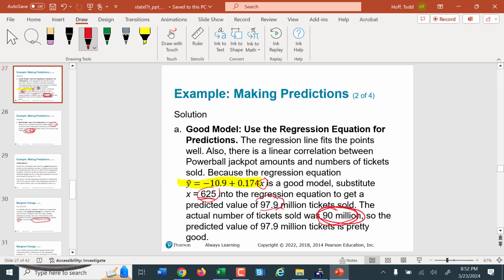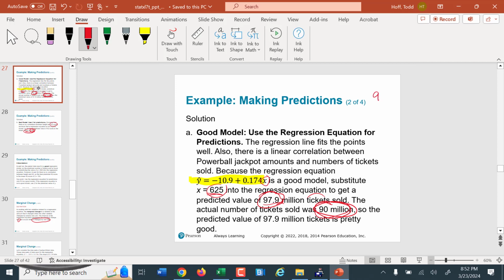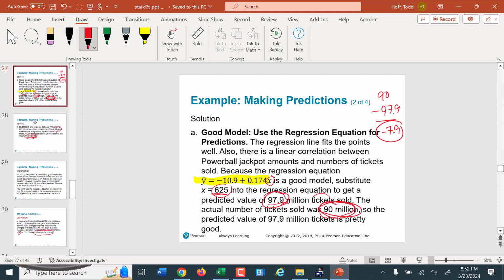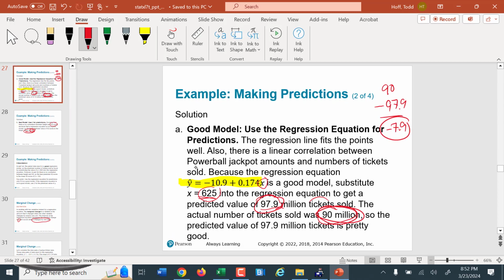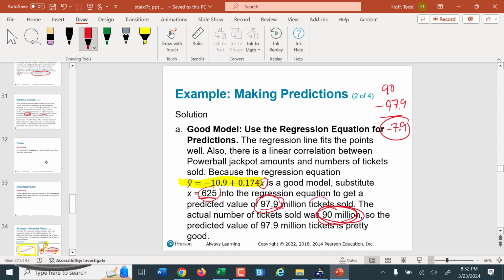The predicted value is 97.9 million. The difference there is the actual, the 90, minus the predicted. So this is going to be a negative 7.9 million ticket sales. So what that is saying is the actual value is 7.9 million below the predicted value, below the line, the regression line.